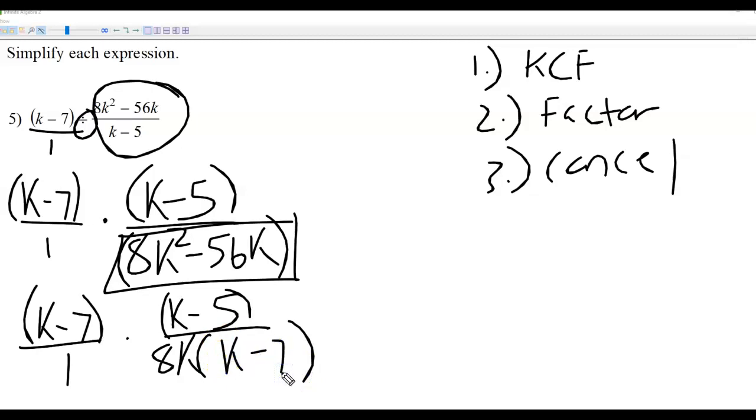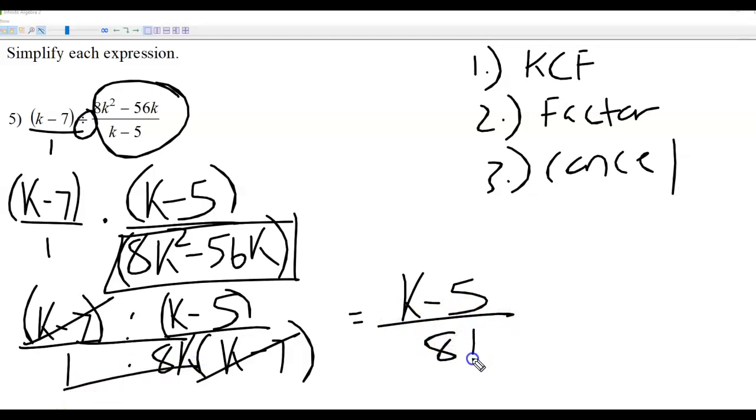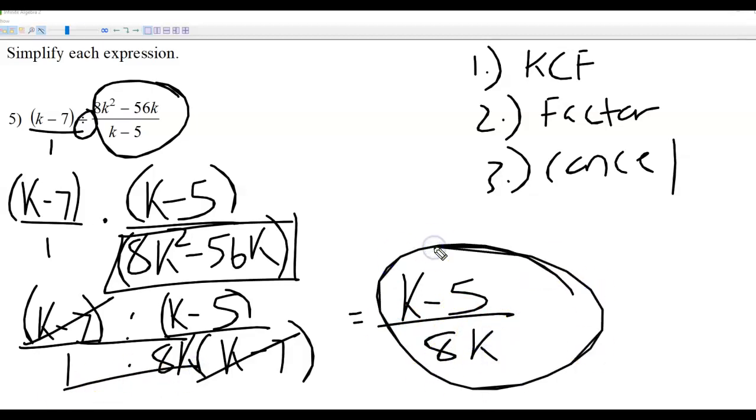And remember, when you're multiplying, it just becomes one giant fraction anyway. So this k minus 7 can cross off with that k minus 7. And what I'm left with on the top then is k minus 5. And on the bottom, I have 1 times 8k, which is just 8. And there's our final answer for that. So division is just like multiplication, just has this extra step here in the beginning of change flip.